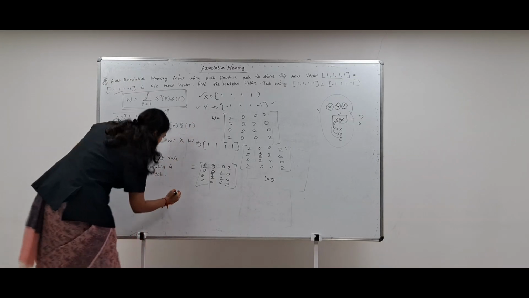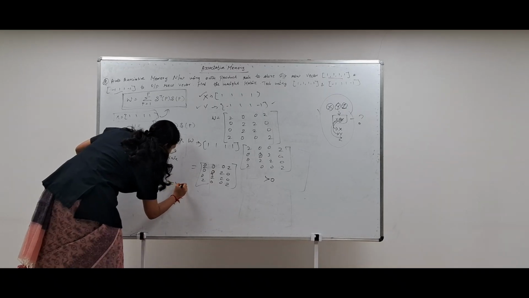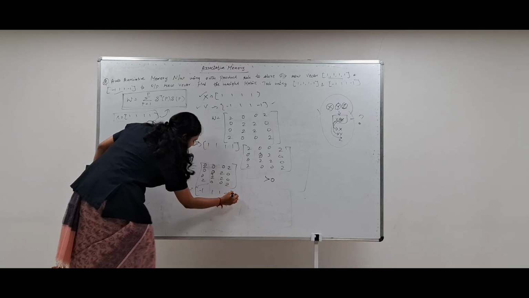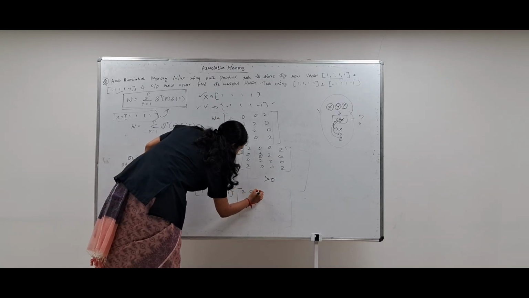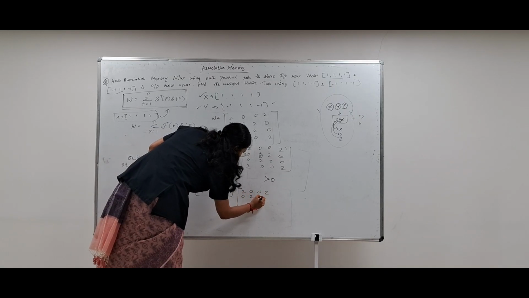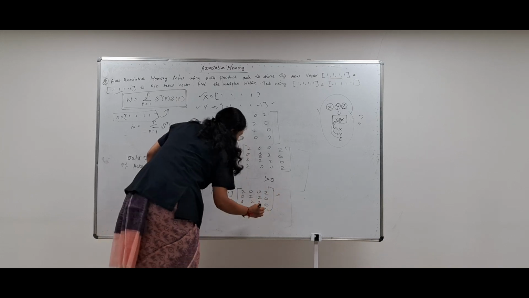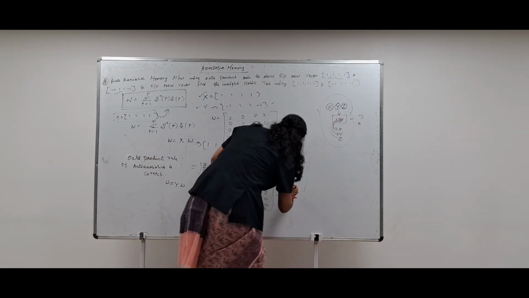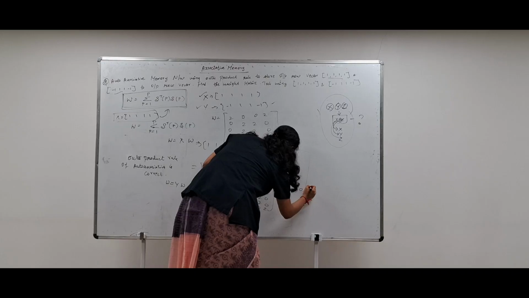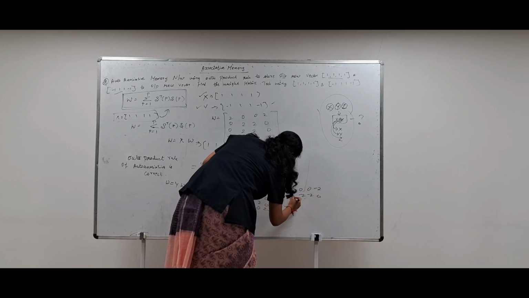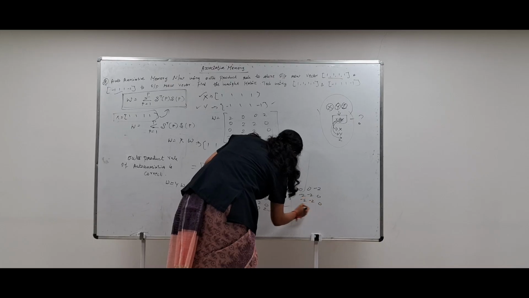The same for y. So y into w, which is nothing but minus 1, 1, 1, minus 1 into 2, 0, 0, 2, 0, 2, 2, 0, 0, 2, 2, 0, 2, 0, 0, 2. So the final answer will be minus 2, 0, 0, minus 2, 0, minus 2, minus 2, 0, 0, minus 2, minus 2, 0, minus 2, 0, 0, minus 2.